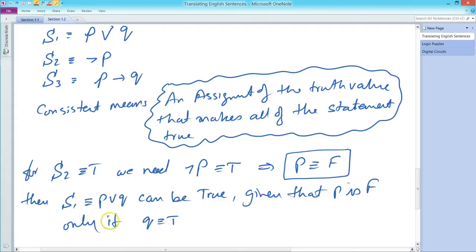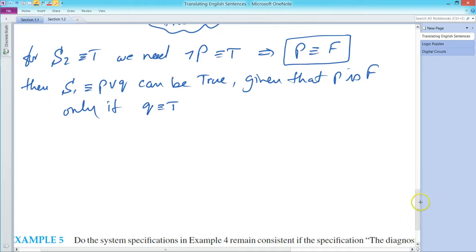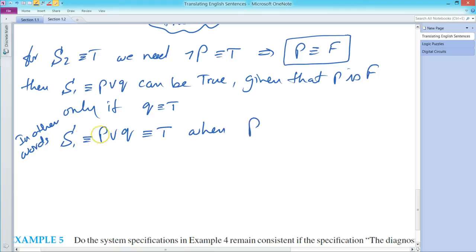Let me reiterate it. In other words, S1, which is P or Q, can be true when P is false and Q is true.